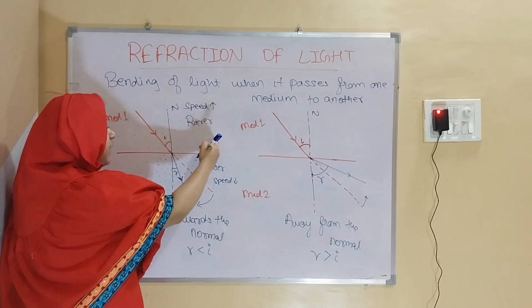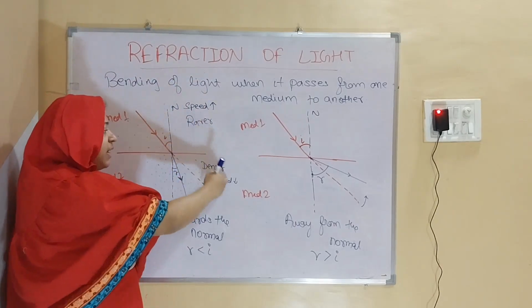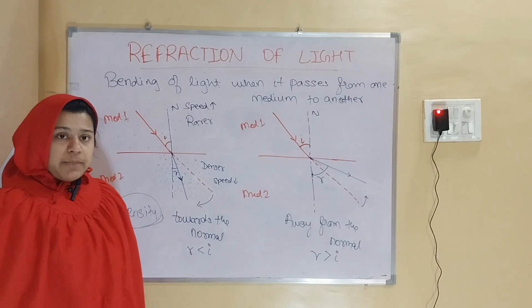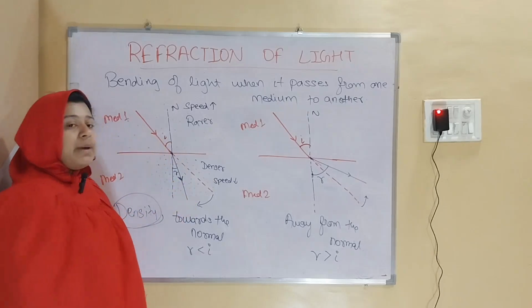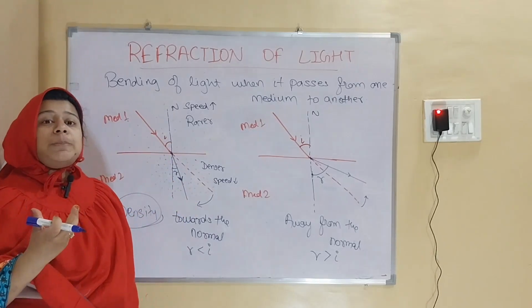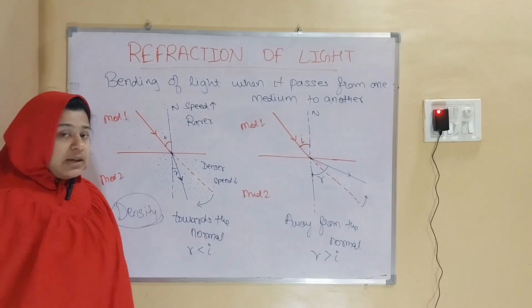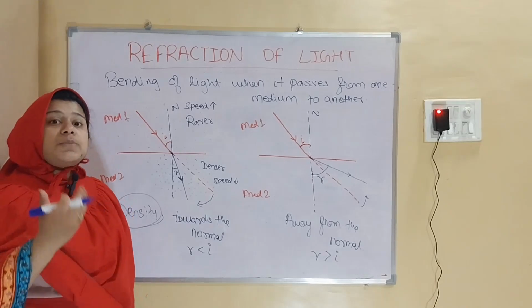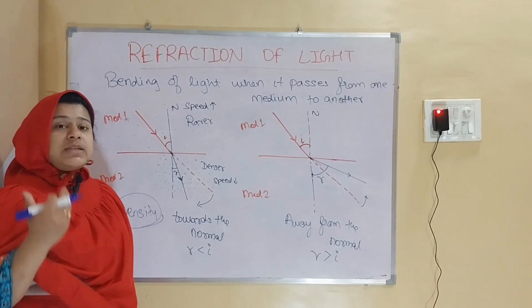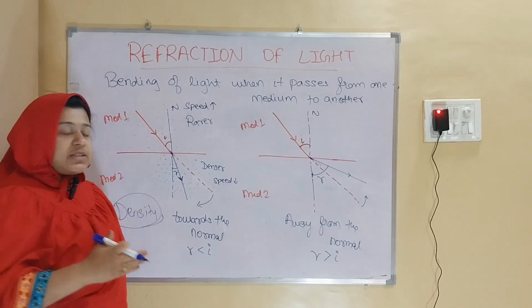So the speed of light rarer medium में बहुत ज्यादा है और denser medium में कम है. So जब light एक rarer medium से denser medium में enter होती है, so its speed reduces suddenly. उसकी speed जो है वो suddenly क्या हो जाती है? कम हो जाती है.